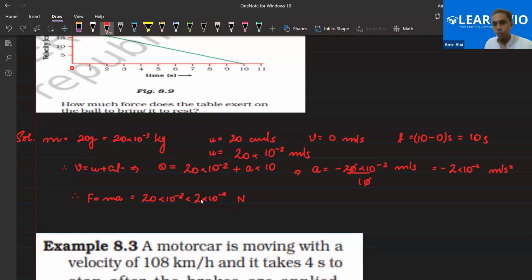So 2 2s are 4, so it is coming out to be 4 into 10 to the power minus 4 Newton. A negative sign is also there, I just forgot to mention it. If I write it in decimal, it would be 0.04 Newton with a negative sign.